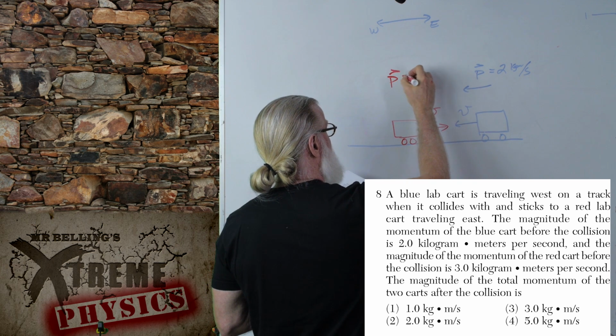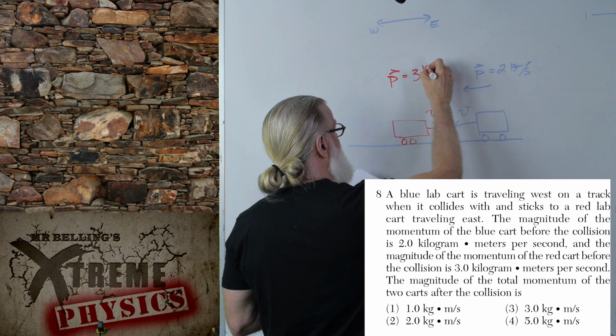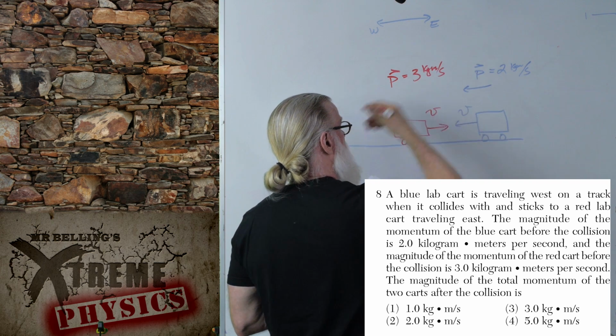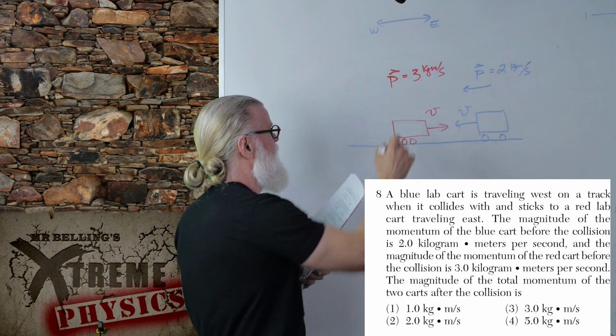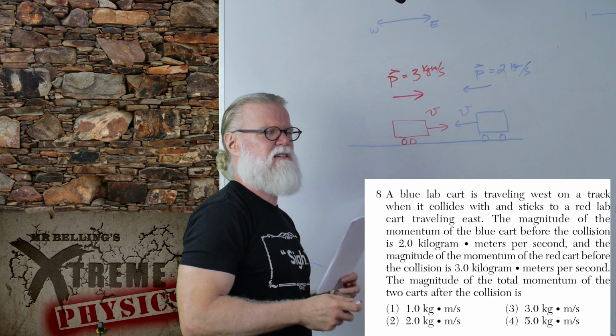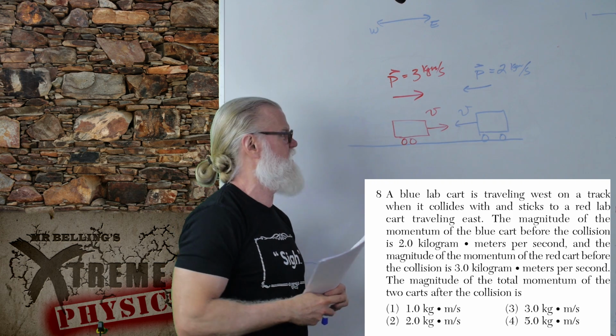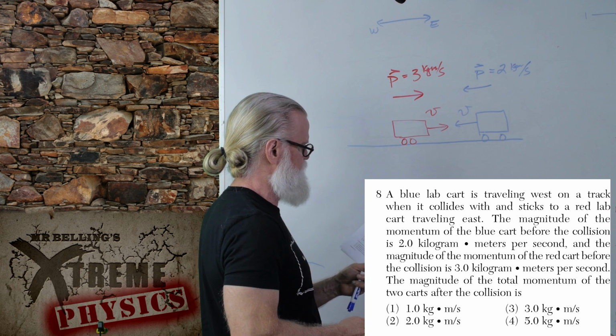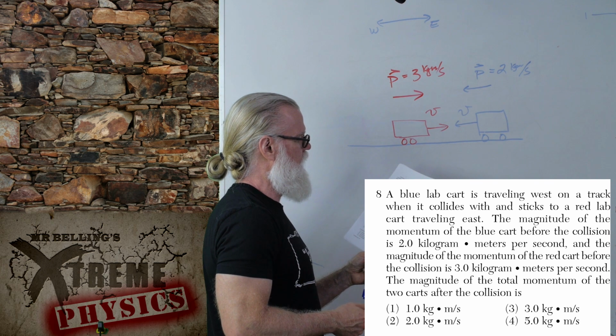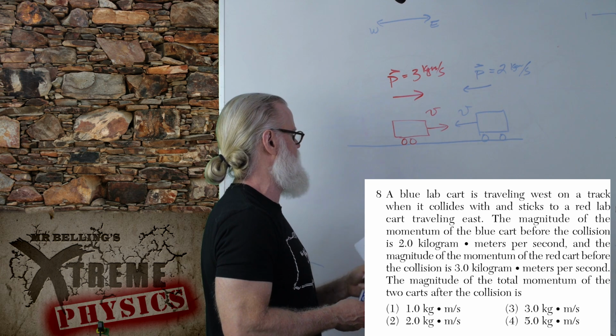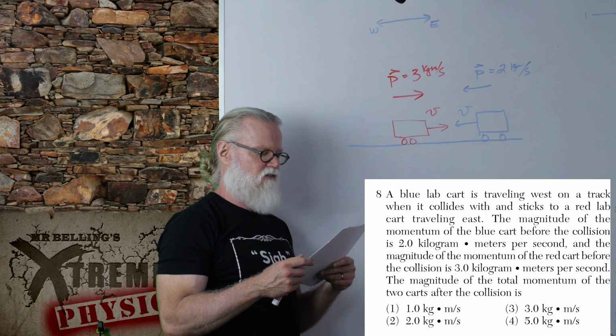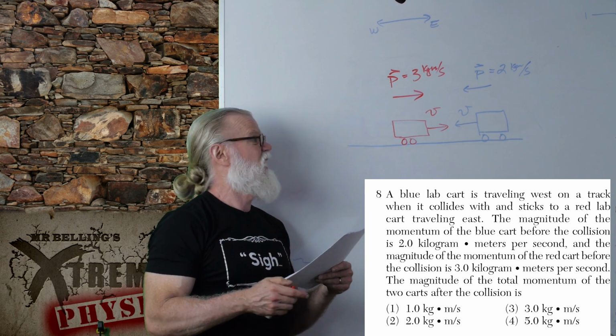Interesting. They don't have the same magnitude of momentum, so they have different momenta. What is the total magnitude of the momentum of the carts after the collision? This is a classic conservation of momentum problem.